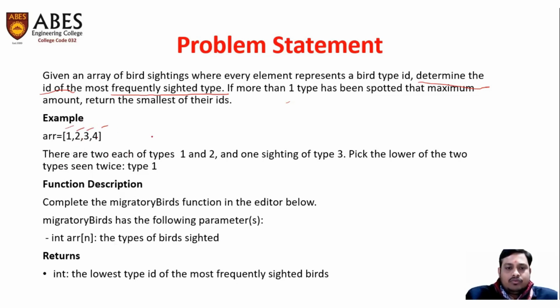There are two each of type 1 and 2, and one sighting of type 3. So pick the lower of the two types seen twice. Our task is to find out which bird is sighted most frequently.